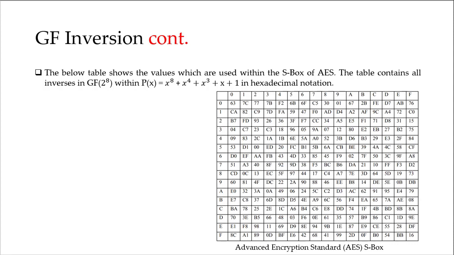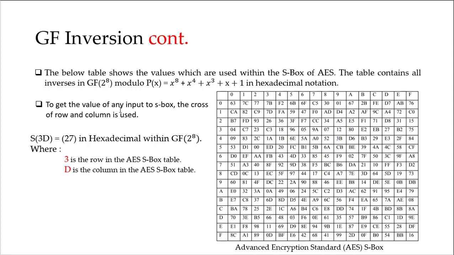The GF inversion is the first operation in AES. It is represented within Galois field 2 to the power 8. All the values are represented using Galois field 2 to the power 8, in hexadecimal values.